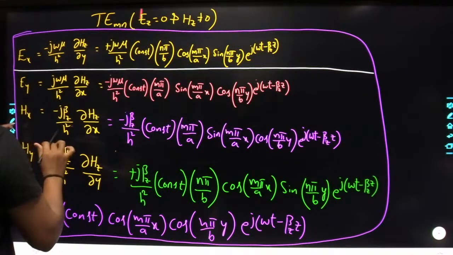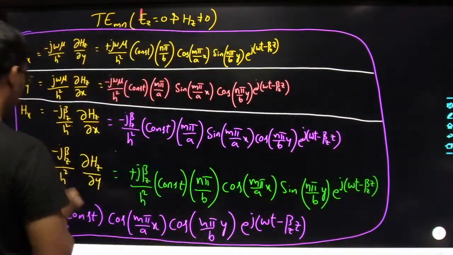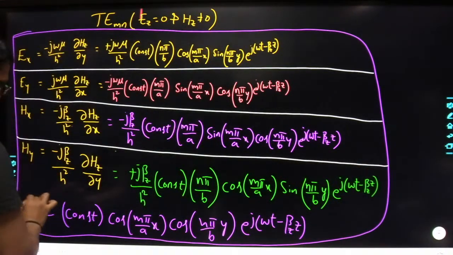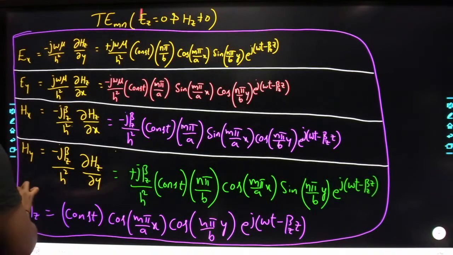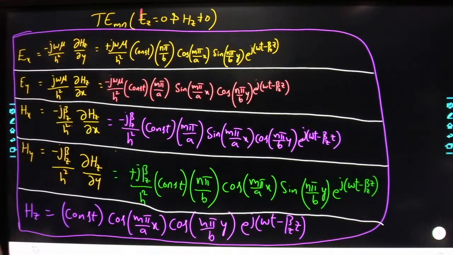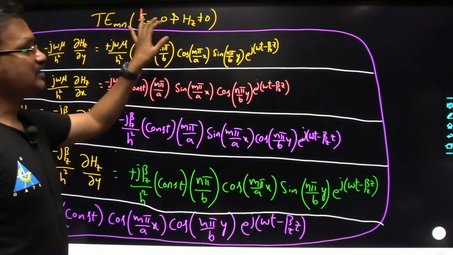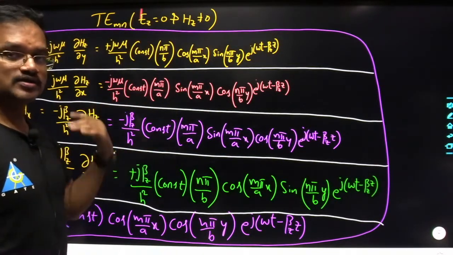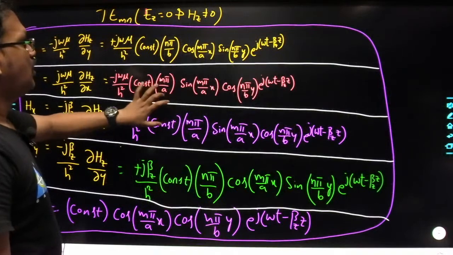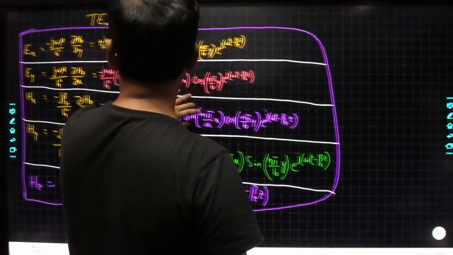We know that m and n will take all integer values, so by varying m and n we can judge which modes are possible. m and n represent mode numbers, and they represent the number of half cycles along the x direction and along the y direction respectively. Now let us see which modes are possible and which are not.